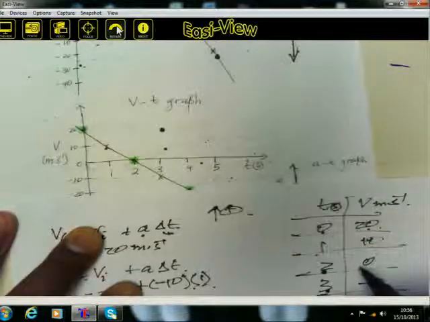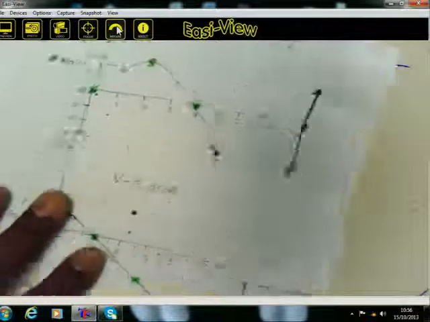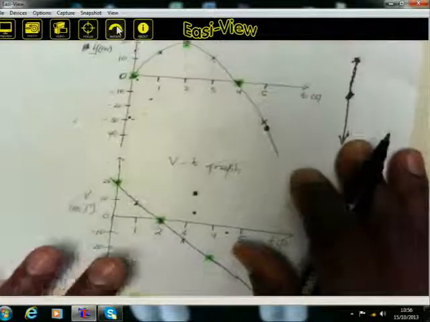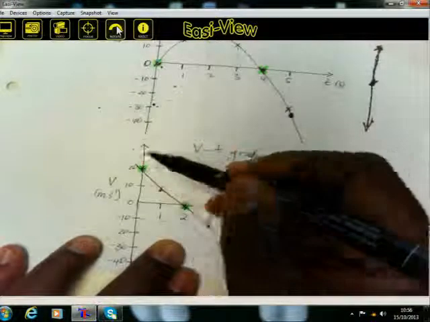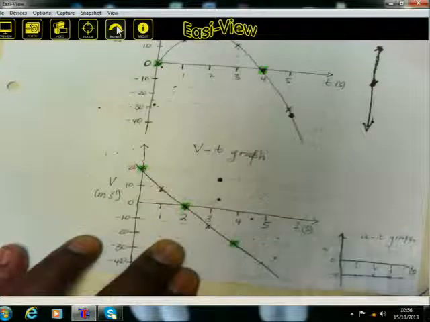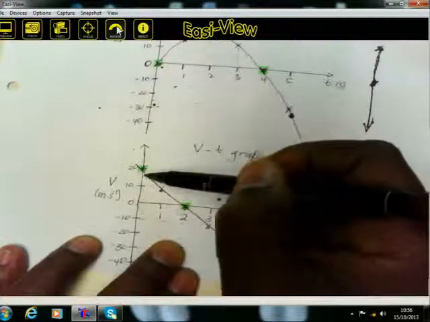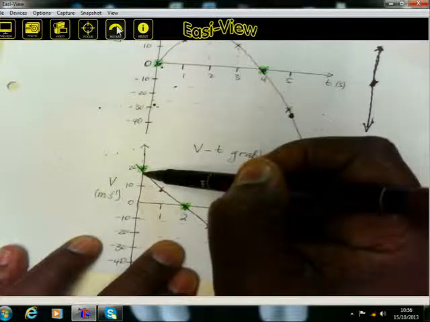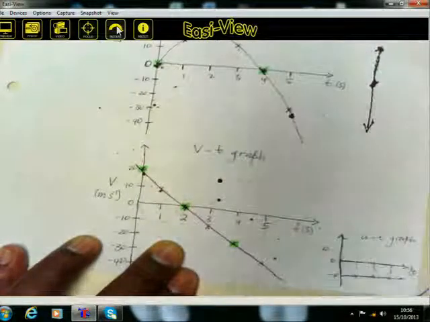When t is equal to 2, our velocity is equal to 0. So our graph, if we look at it, we will realize that at the time when we project this object, we project it with an initial velocity of 20 meters per second. That is at the point of throw.